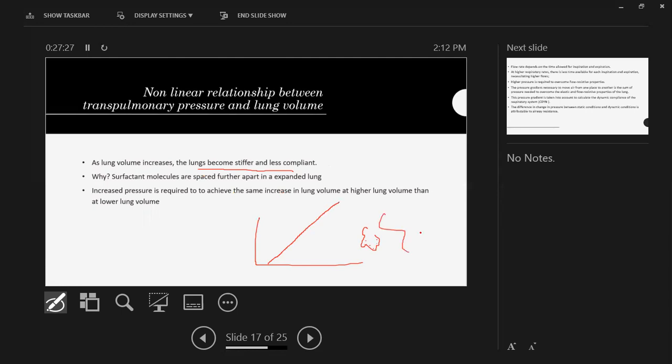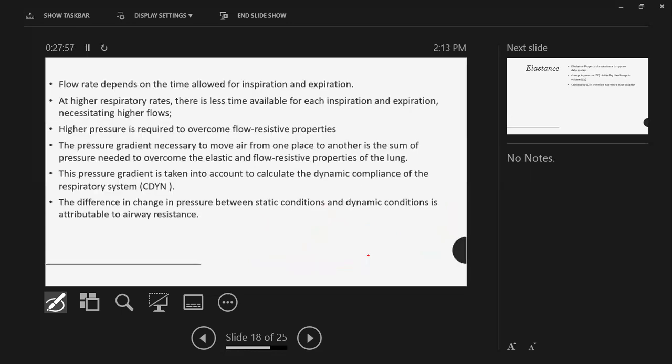But as the lung becomes more expanded, the surfactant molecules are placed further and further apart, resulting in lower lung volume at the end of the day for a given amount of pressure. So more pressure will be required to achieve the same increase in lung volume compared to this alveoli. So the relationship is not linear, and a higher amount of pressure does not necessarily mean the same amount of increase in volume.